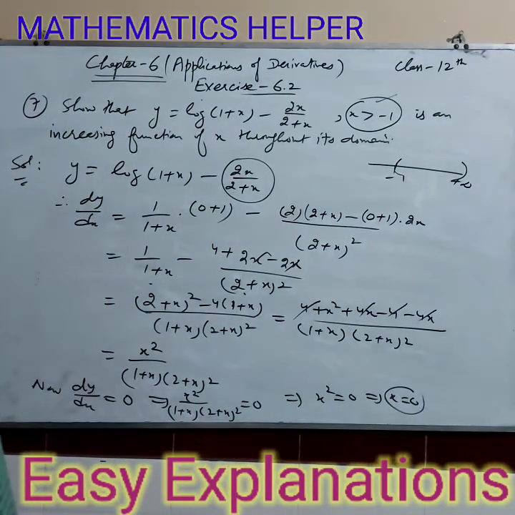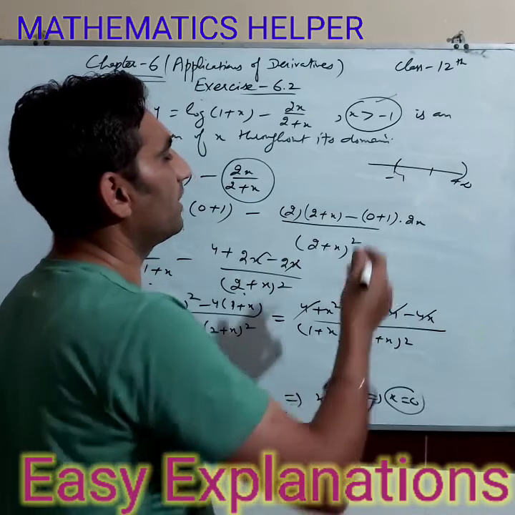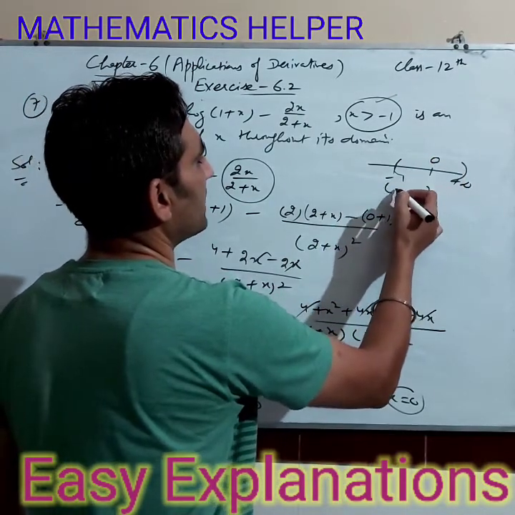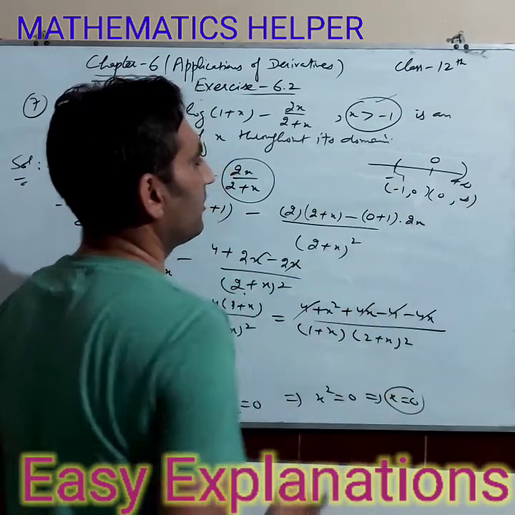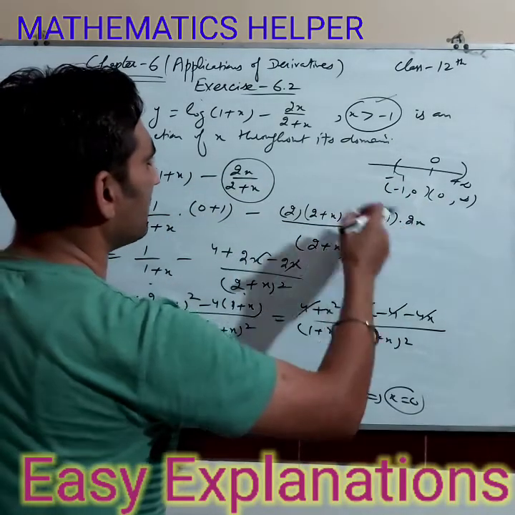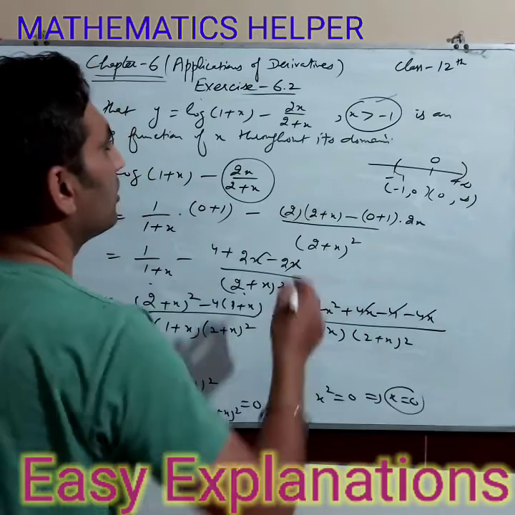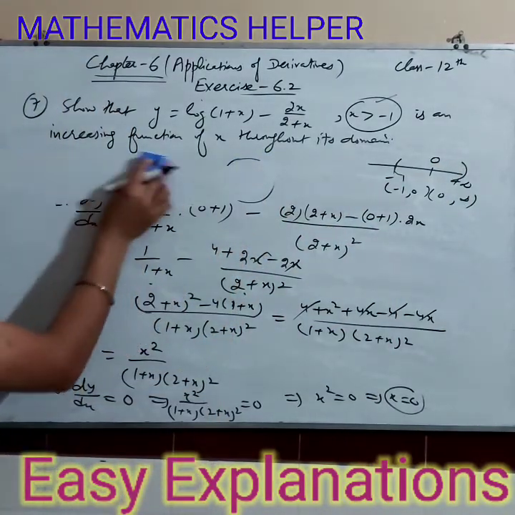So x equal to 0 breaks the whole gap between minus 1 to infinity, meaning the domain, into two disjoint intervals. First one minus 1 to 0, other is from 0 to infinity. We will check whether our function is increasing on these intervals. If it is increasing, we will say it is increasing throughout its domain. Domain means from minus 1 to infinity.